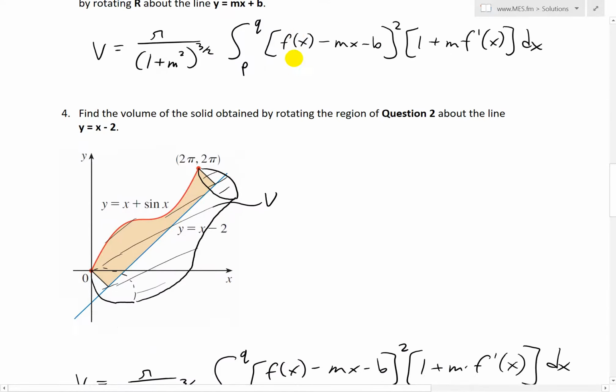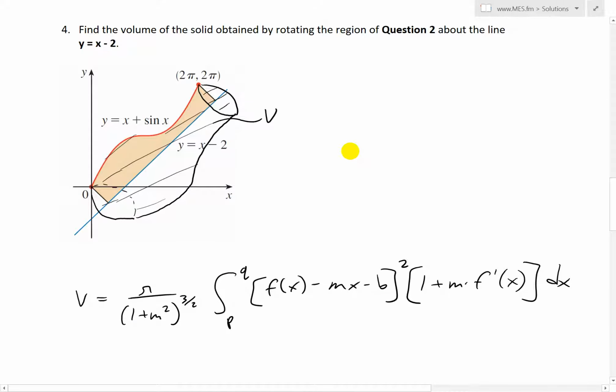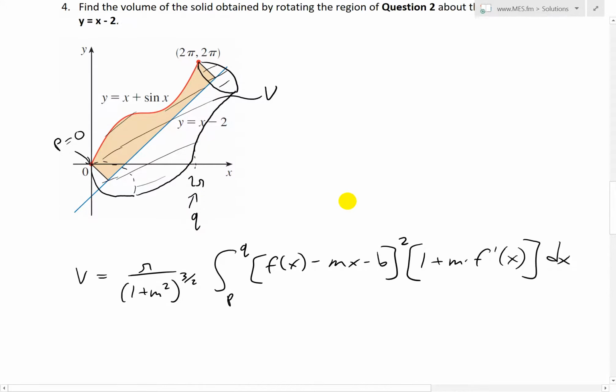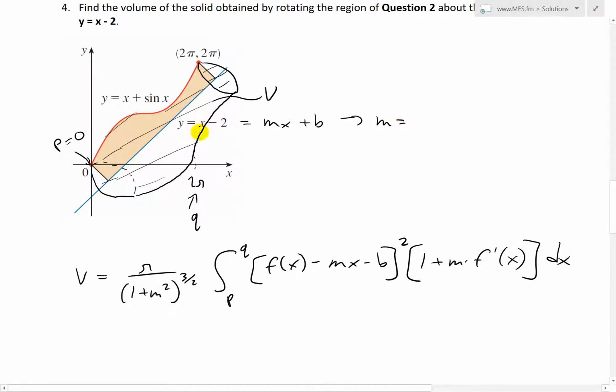In our case, for this specific example, let's find all the variables. At this 0, this point is just our P, so P is equal to 0. Now all the way down here, if I go all the way down, this is 2 pi, so that is our Q. Now y equals x minus 2 is just mx plus b, so our m is equal to the slope of this line, which is just 1, and our b is negative 2.